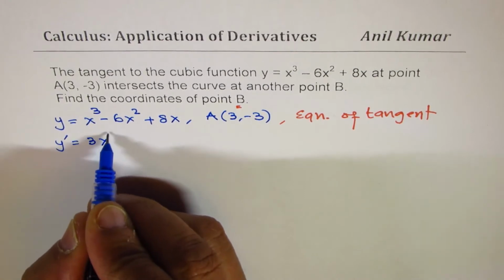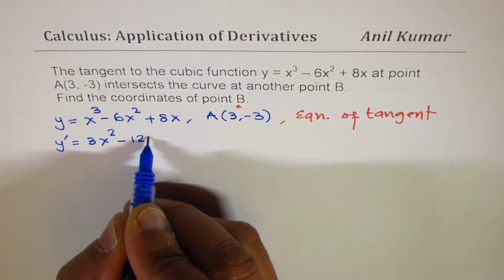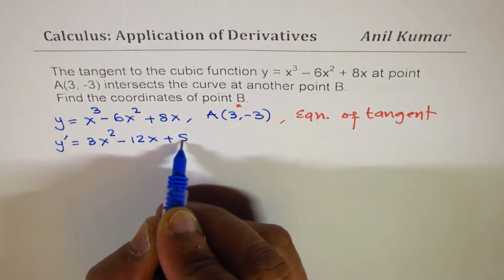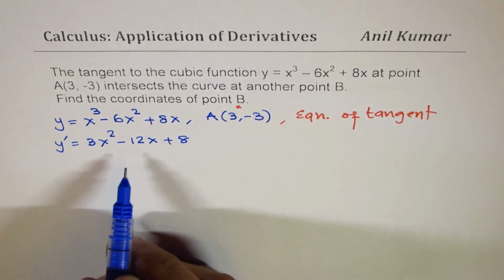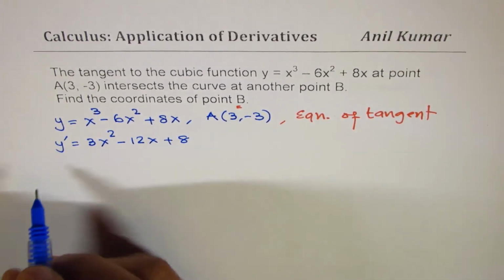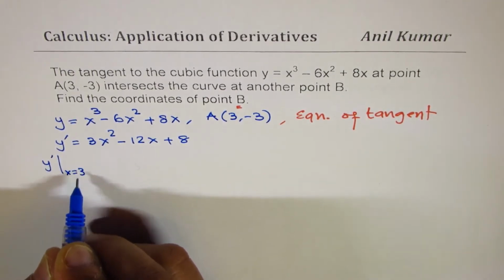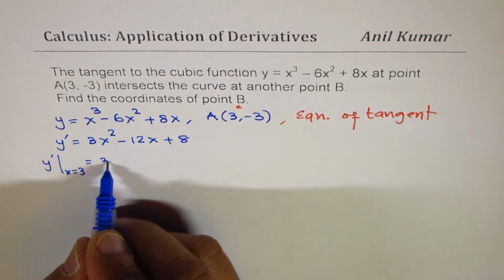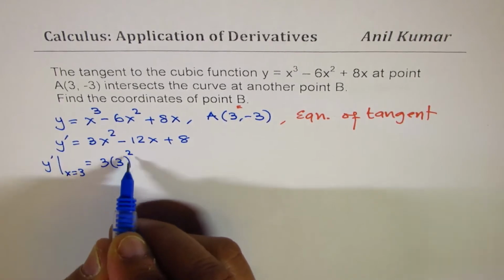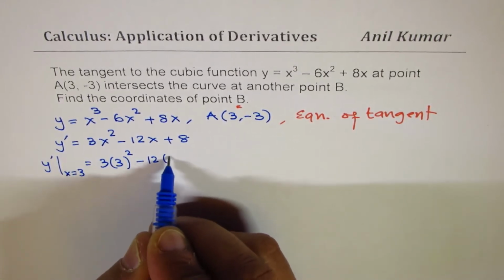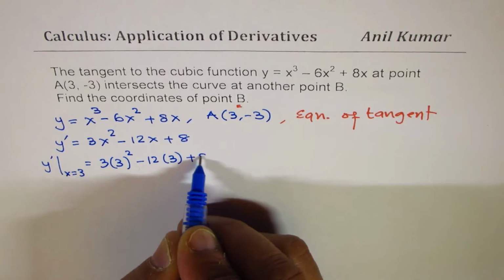To find equation of tangent, let's find the derivative first. Derivative is 3x squared minus 12x plus 8. Now if you substitute 3 here, then we get the derivative at x equals 3, which will be 3 times 3 squared minus 12 times 3 plus 8, right?